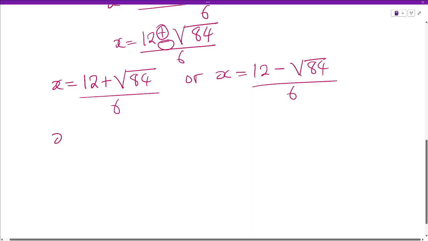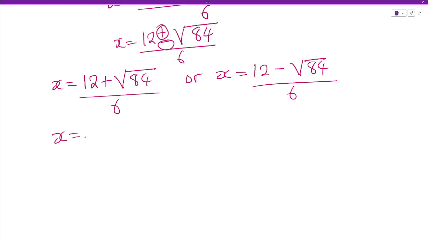We now punch. Open bracket 12 plus the square root of 84, close the bracket, then everything over 6, right? Correct.